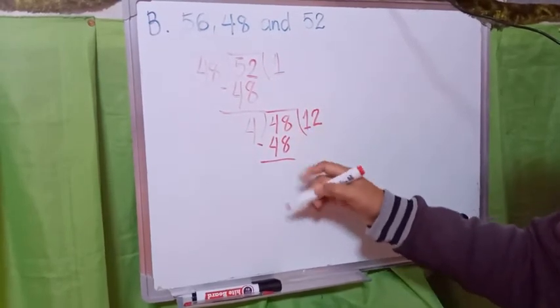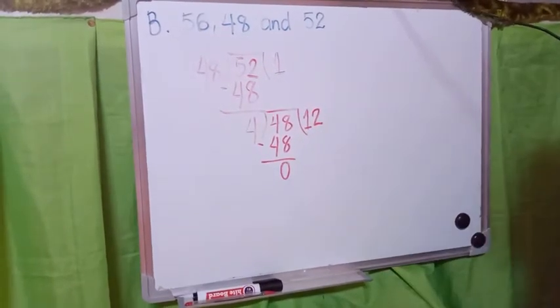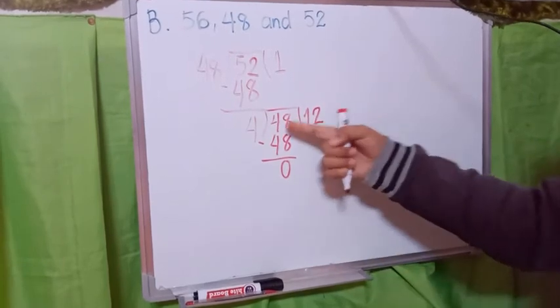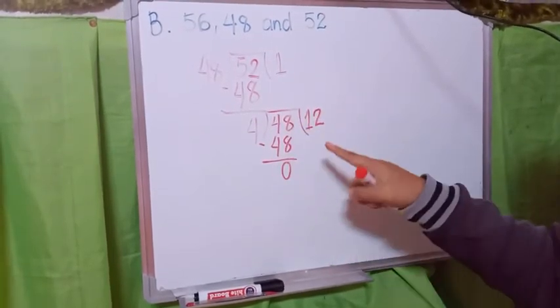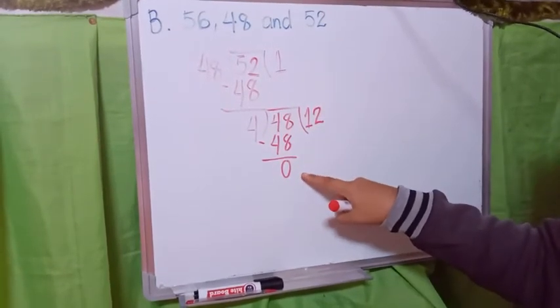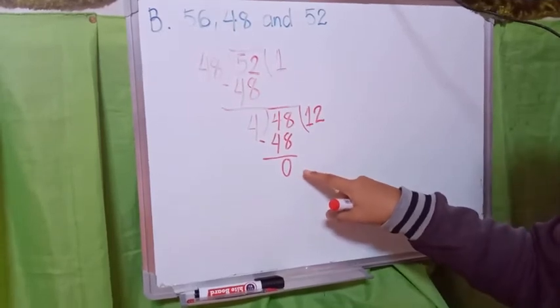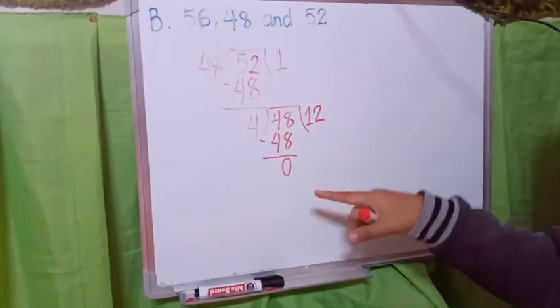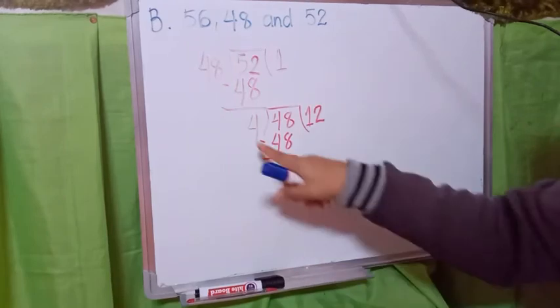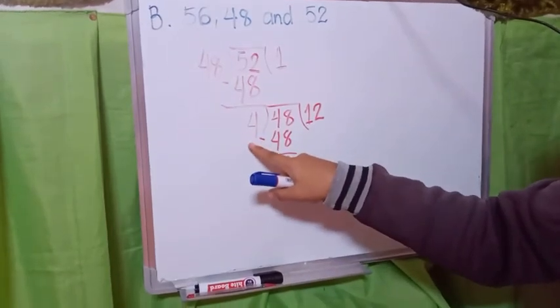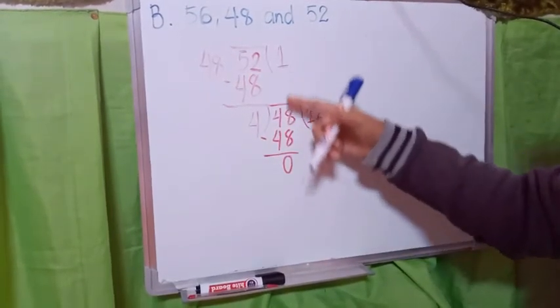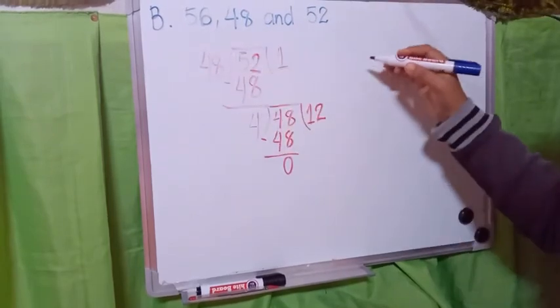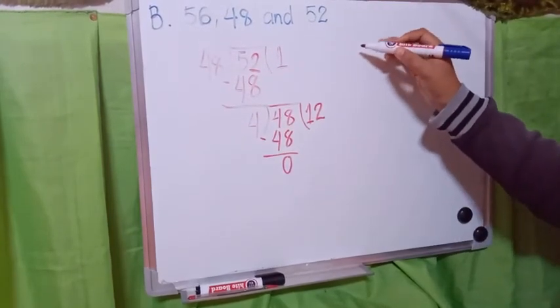So 48 minus 48 is 0. As you observe, your continuous method comes up with a remainder of 0. In this case, we will use our divisor again with our next number, which is 56.